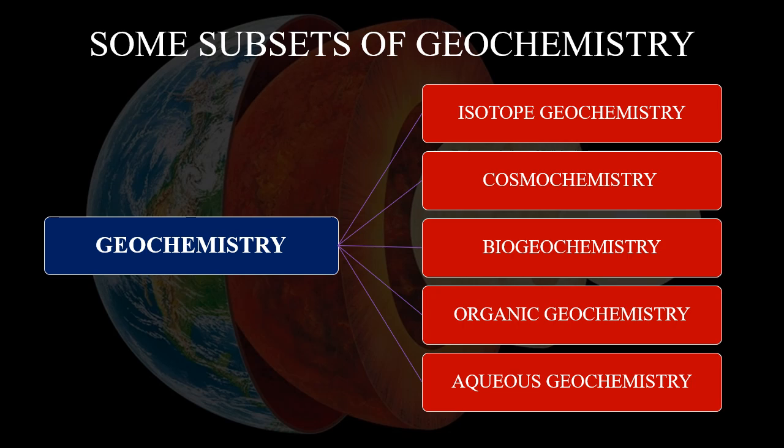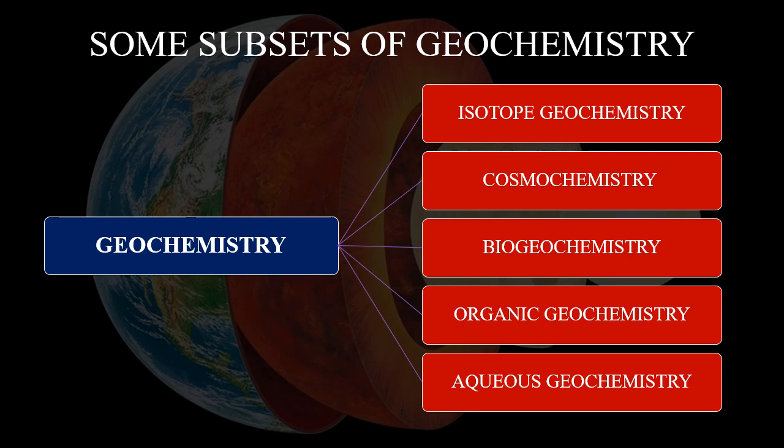Biogeochemistry is the field of study focusing on the effect of life on the chemistry of the earth. Organic geochemistry involves the study of the role of the processes and compounds that are derived from living or once living organisms.